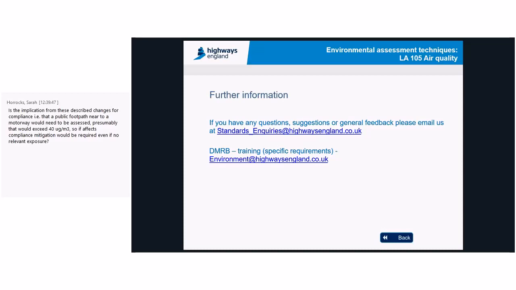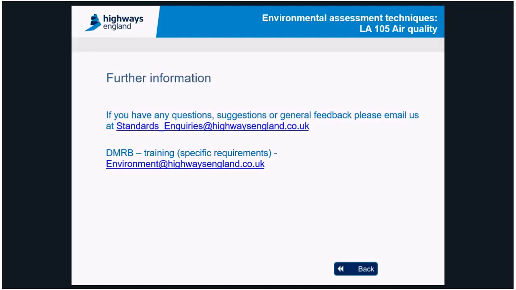I'm just going to the next one. So Hazel, you sent 2 in at that point. I'm just reading both yours. I think taking your first point, Hazel, around simple and detailed assessments, cost effectiveness is there. One thing we would say is we've seen lots of occasions where people run straight to a detailed air quality model. ADMS is an example of it. And it's not always more cost effective.